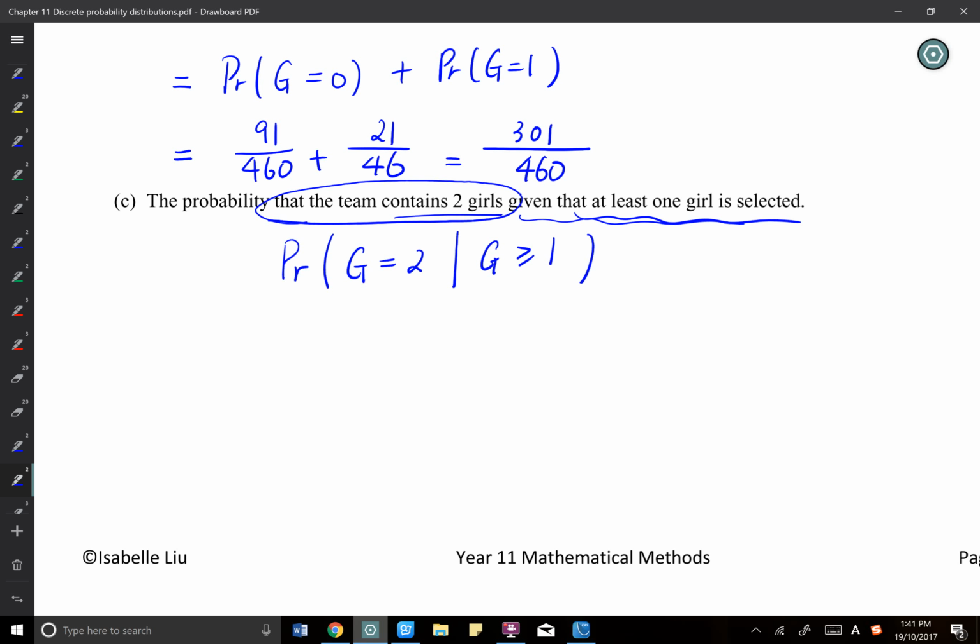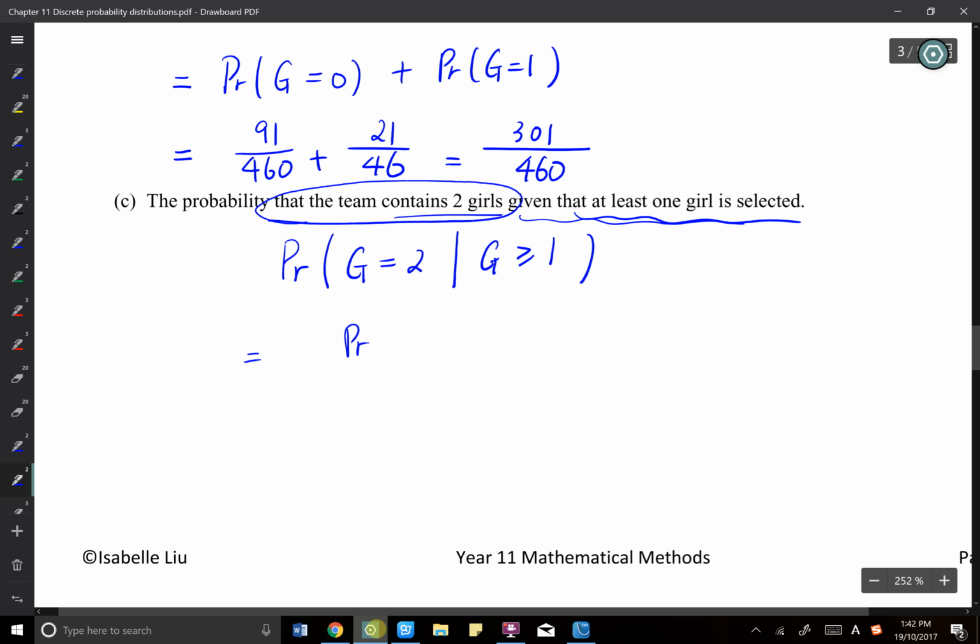What's the intersection between those two events? Well, you need to find the intersection between them, right? G equals 2. Because when it says G greater than or equal to 1, it's 1, 2, and 3. And then G equals 2, so the intersection is just G equals 2.